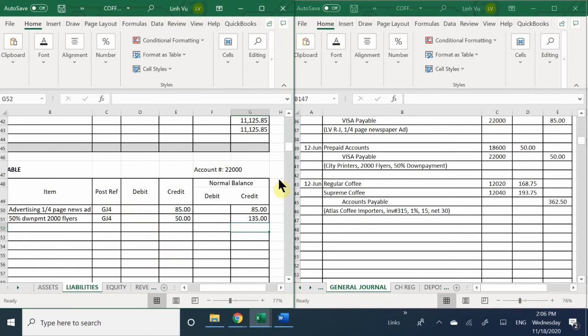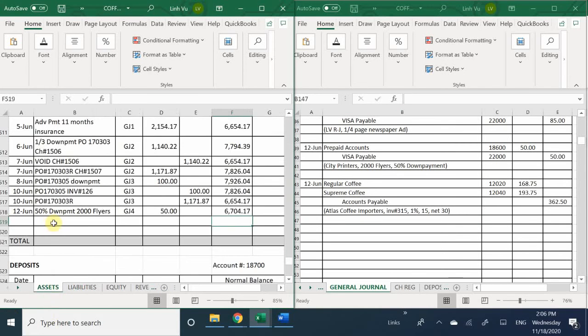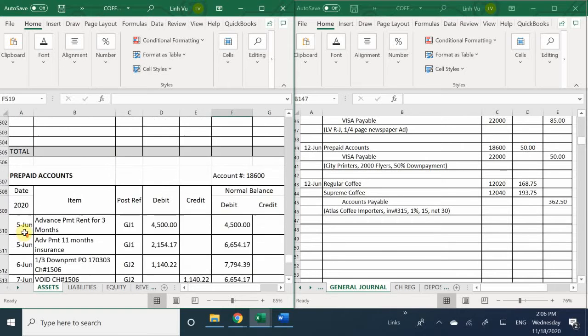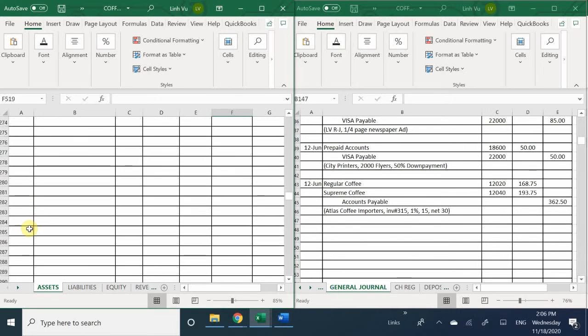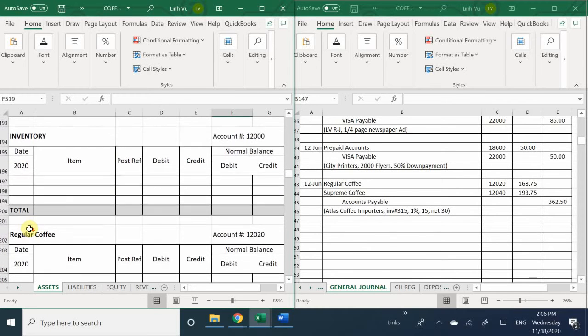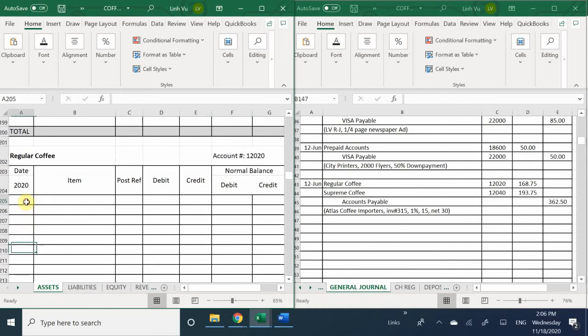So first thing I have is my regular coffee, which is considered an asset under inventory. So here it is, my regular coffee. Okay, and I'm going to be specific in my items.